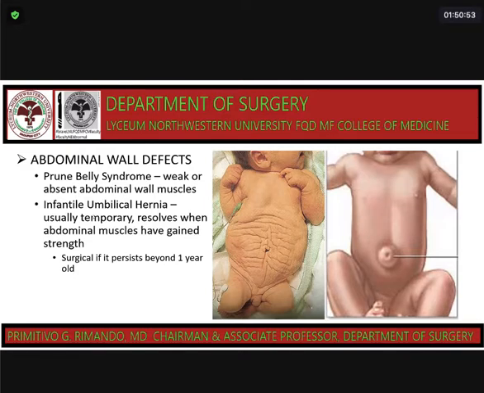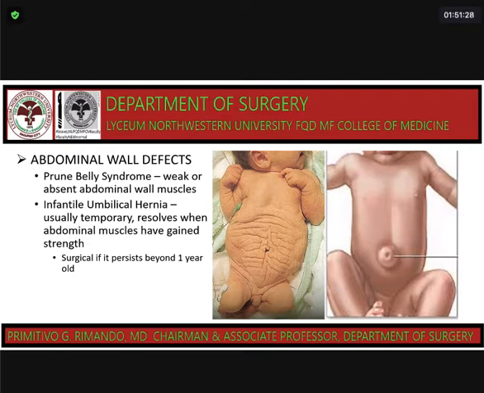An infantile umbilical hernia is different from your adult, because the problem is weakness of your abdominal muscles. When the patient starts to crawl, stand up, and take baby steps, the abdominal muscles are strengthened, so the infantile umbilical hernia actually resolves.